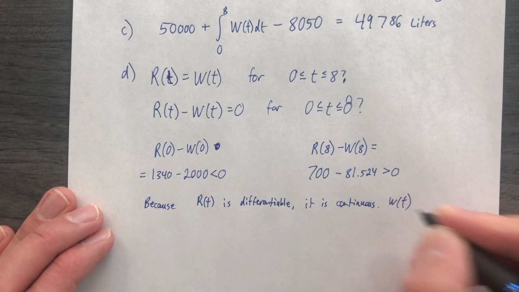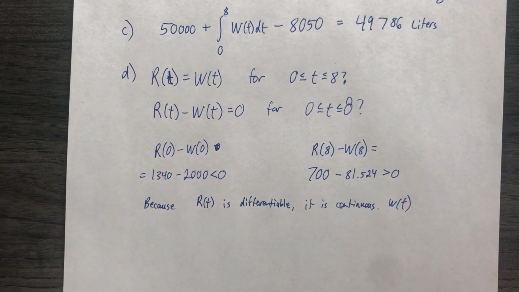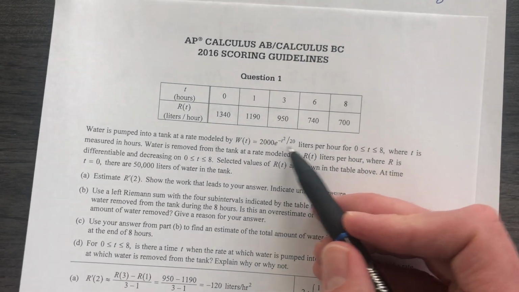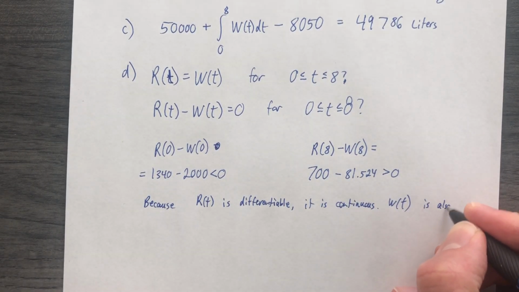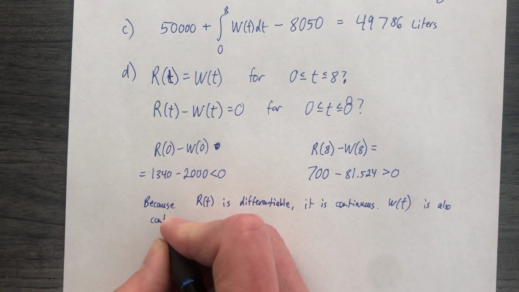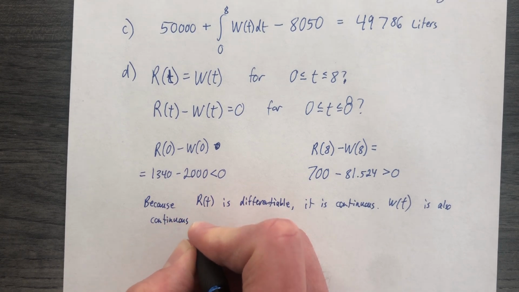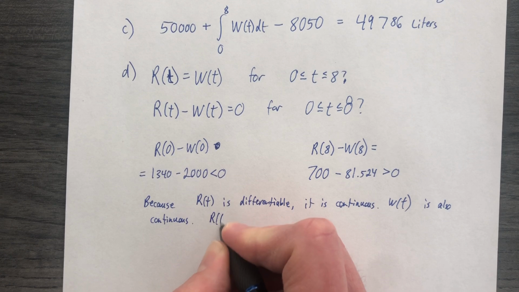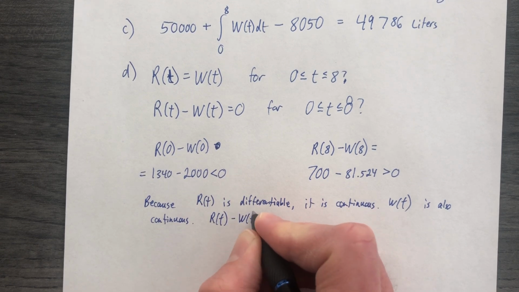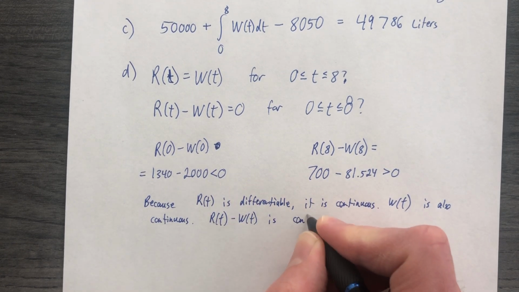W of t is inherently continuous. Just look at the function. This is a continuous function. You never divide by 0, you're fine. It is also continuous. So R of t minus W of t is continuous.